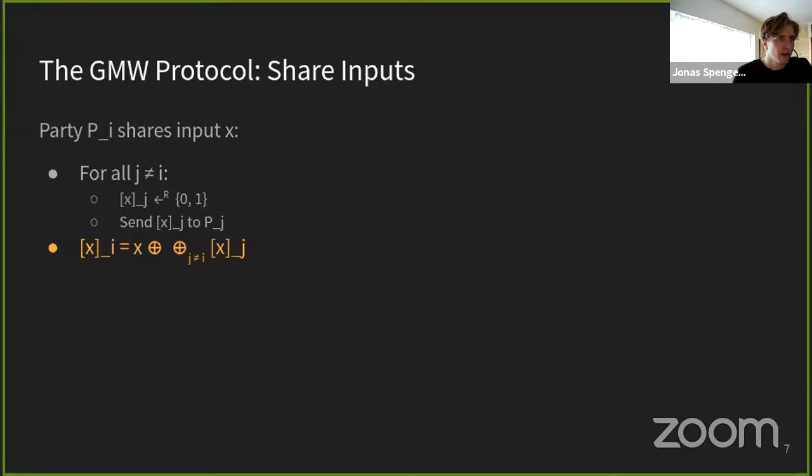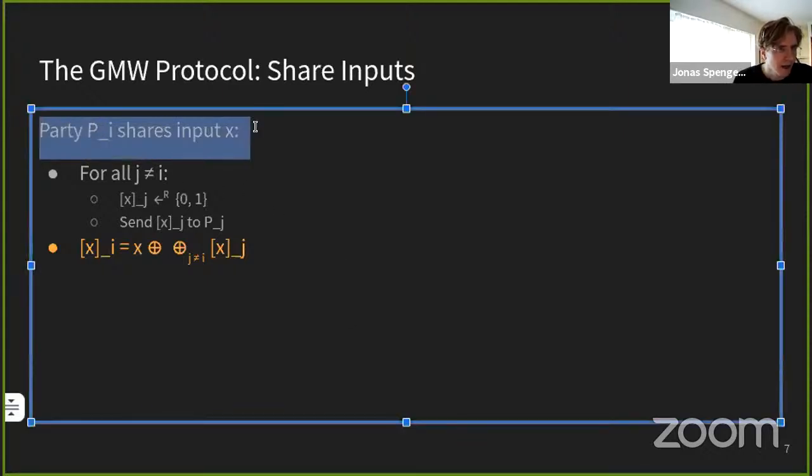So to share inputs, it's rather simple using this secret sharing scheme. If you look at the case for party I, and party I wants to share an input X with all the other parties, how does he achieve this?